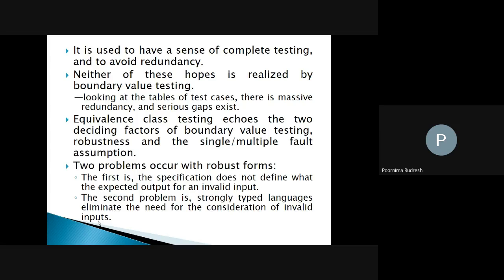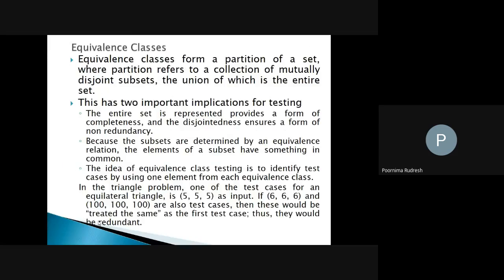So these two problems arise with the robust forms: the specification does not define the expected output for an invalid input, and strongly typed languages eliminate the need for invalid inputs.